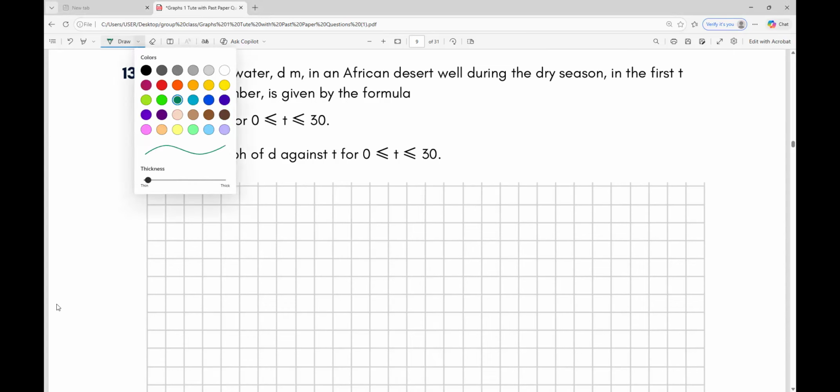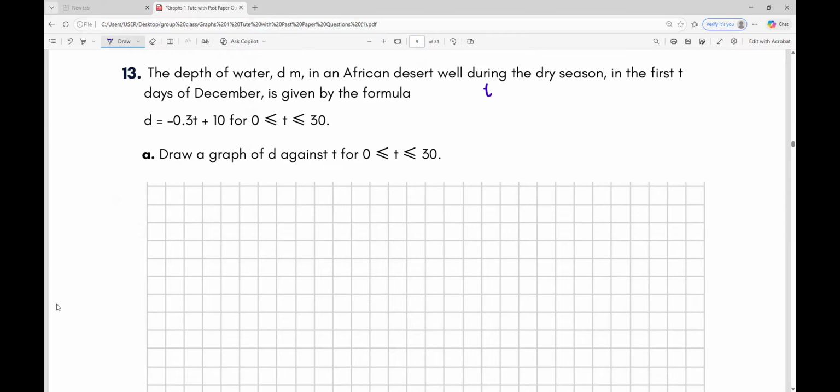Now the table is not X and Y, it is T and D. T values and D values.